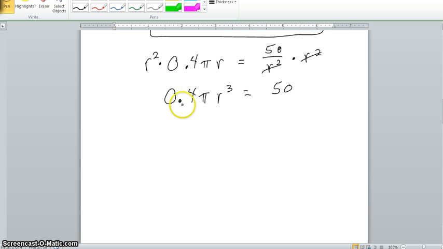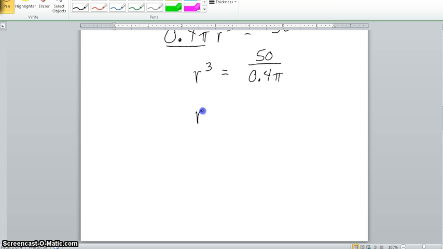And I'm going to divide both sides by 0.4 pi. And then to get r by itself, I simply need to take the cube root. And trust that you have a calculator handy where you can punch that in, and you'll get approximately 3.41. Now that would be for the radius, and I think we were measuring in inches.